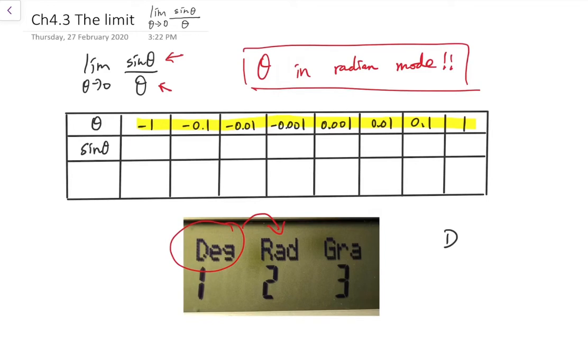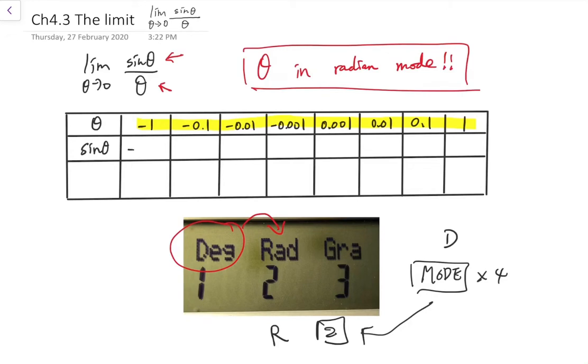You just press mode, mode 1, 2, 3, 4. You press the button mode 4 times. Then you will see this screen. And then you press 2. Then you will change from D to the letter R, and now you are in radian mode.